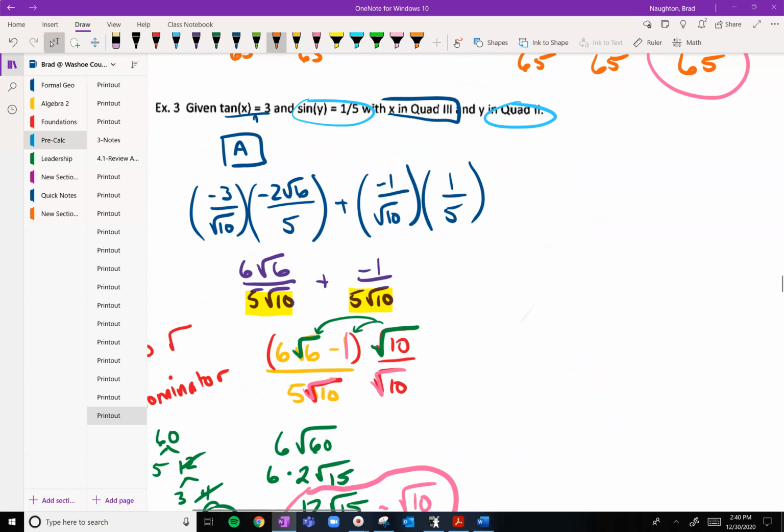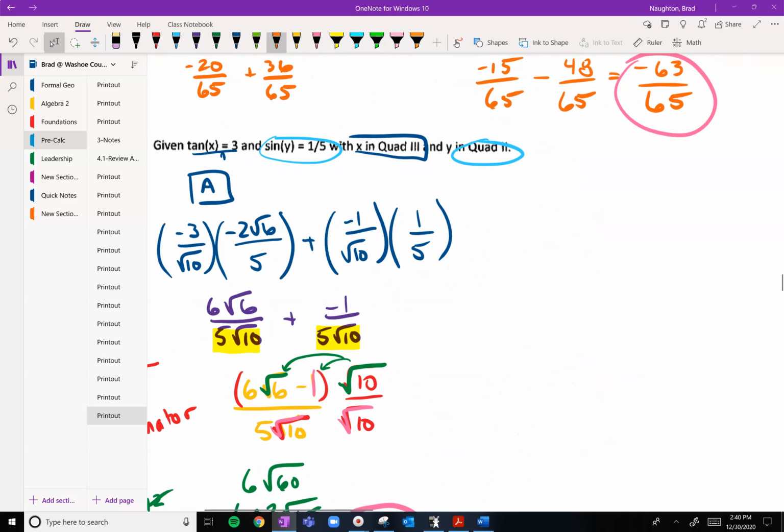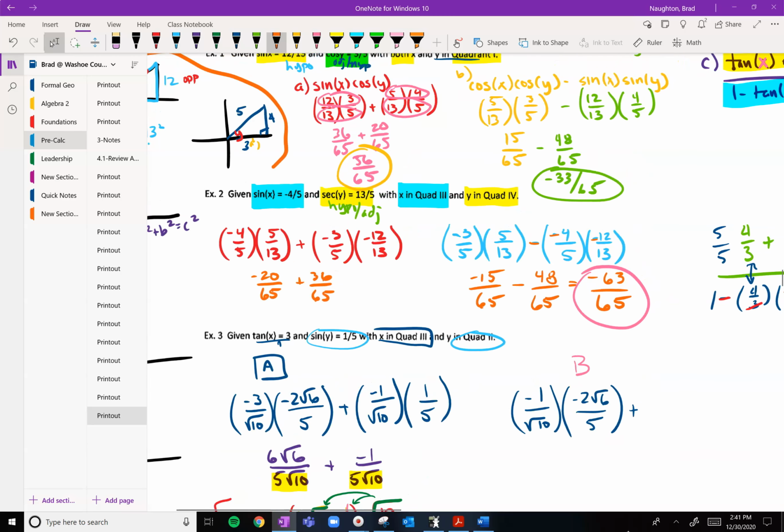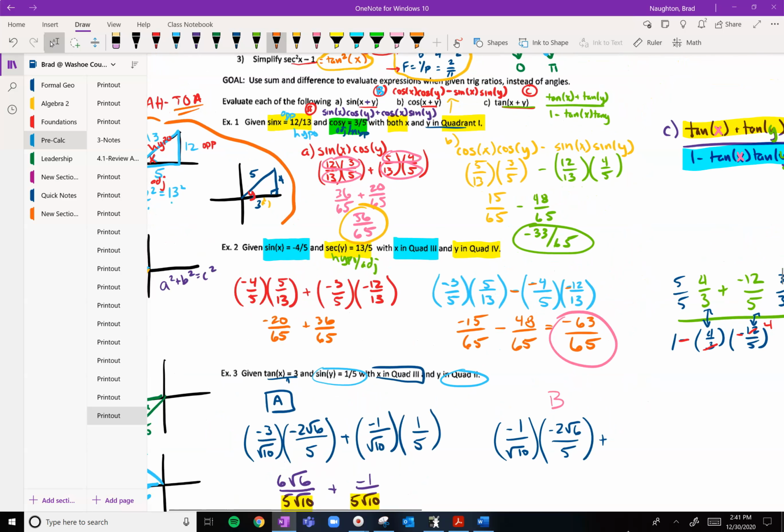Alrighty, so let's go to part B, which was our cosine rule. So I'm going to do the cosine of both of them, so negative 1 over root 10, and then we're going to have negative 2 root 6 over 5, and now let's do the sines of both of those. So plus, it is a plus, right? No, it's a minus.